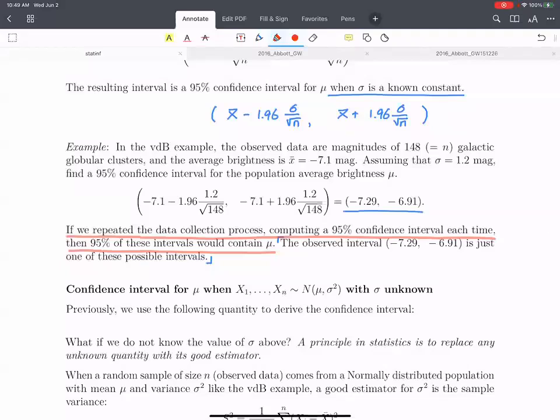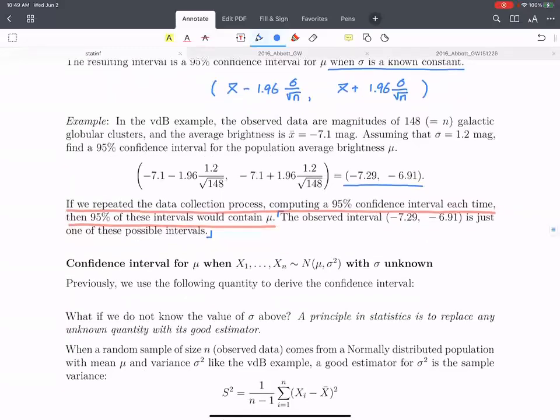Previously, we used the standardized sample mean to get a confidence interval, which was the sample mean minus mu divided by its standard deviation. But there may be a problem if you don't know the value of sigma, because in the previous example, we assumed that sigma is completely known.